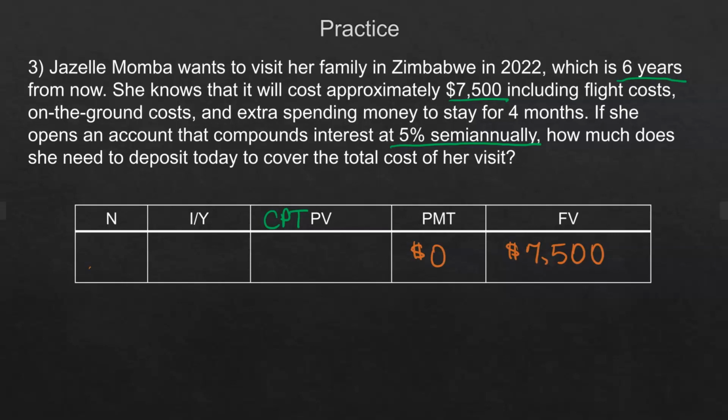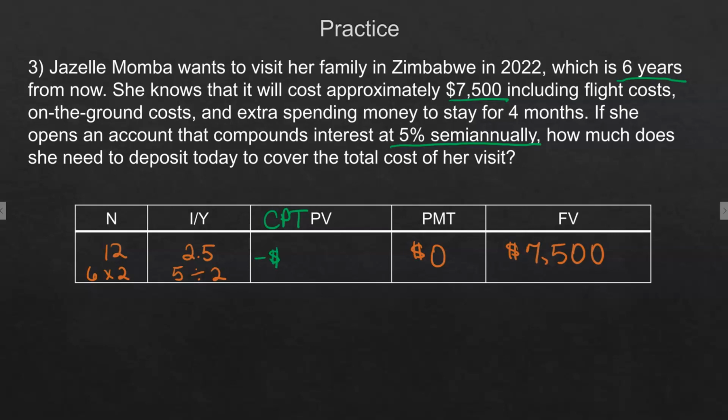It is 6 years compounded semi-annually, so we're going to multiply 6 by 2. So we have 12 periods. It's 5% compounded twice a year, so it will be 2.5%, the number we put on our calculator. And then we will compute our present value.